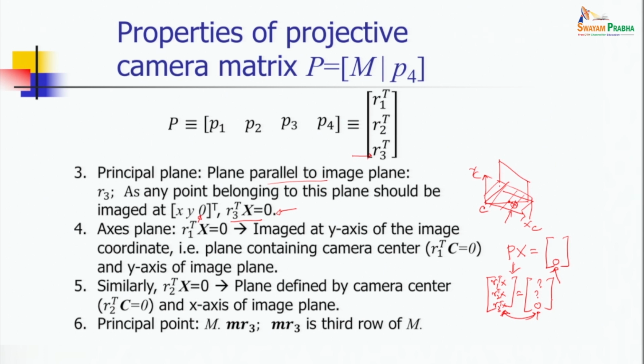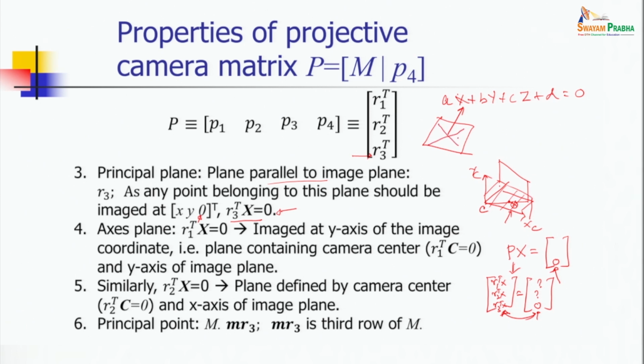So that is why the third row indicates the principal plane. Now since this is a principal plane, I should consider once again the basic coordinate geometry of 3 dimensions. This is a representation of a plane, and for a plane you can specify the plane by its normal, which is the direction orthogonal to the directions of any line lying on that plane.